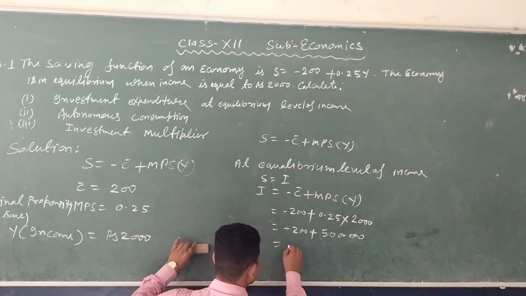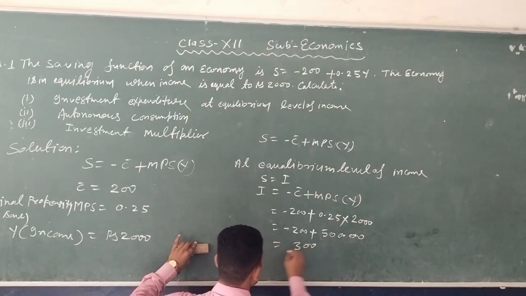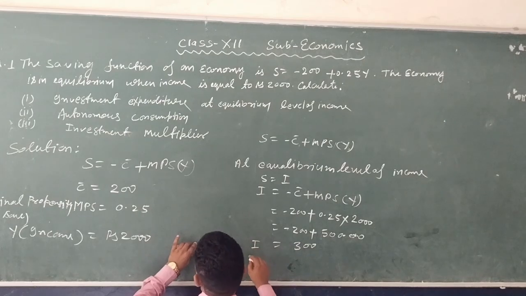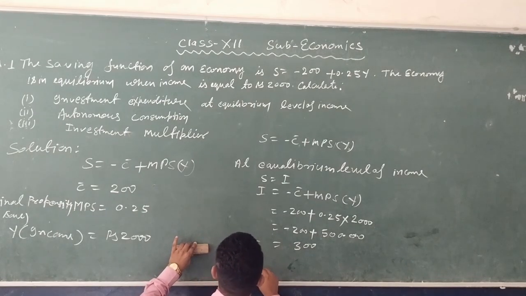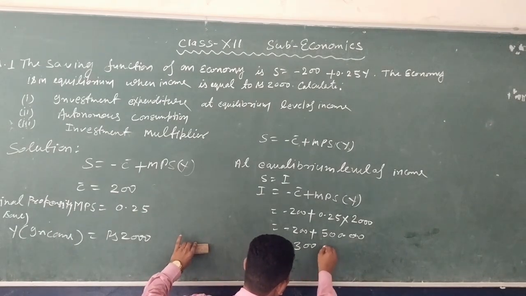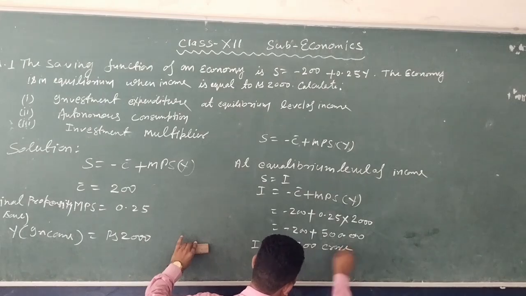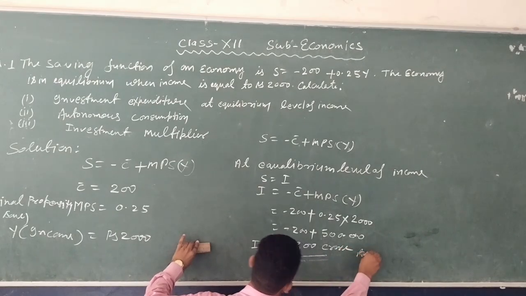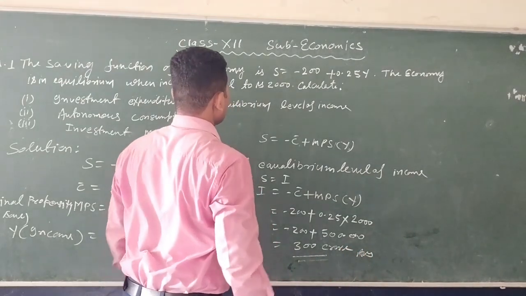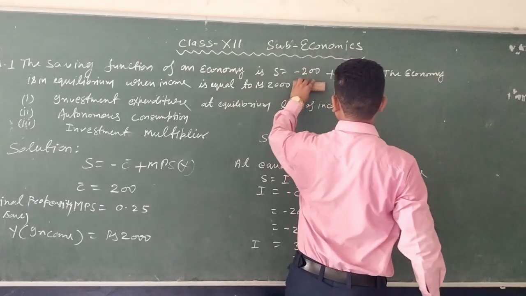So investment expenditure is 300 crores. This is the answer. All the values are given in crores.